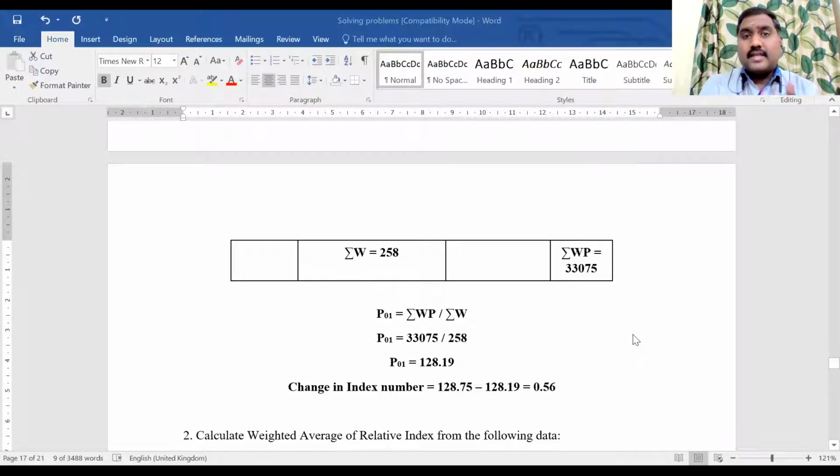Don't think that because weight is given, you have to use summation WP by summation W. Check along with the weightage whether you get the P value or the P0, P1 values. Sometimes weight will not be given. They will not give the W weightage, and the index number will not be given either. They will give only the price and quantity values for the base year and current year. With that also we can find W or I or P or V.